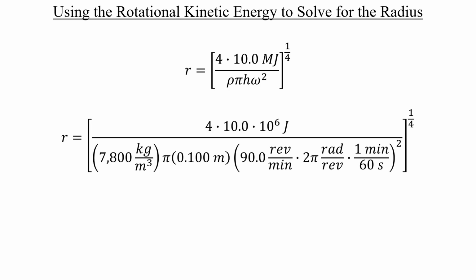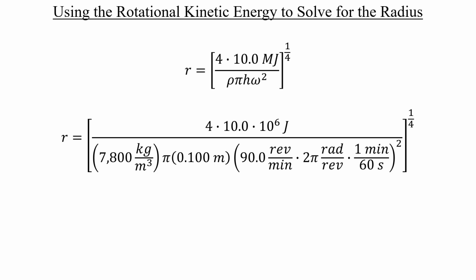Notice in the denominator here, in fact, right in this section, we're making a switch from revolutions per minute to ultimately radians per second for omega. It's very important that you don't forget that part. Otherwise, you'll get the wrong answer.